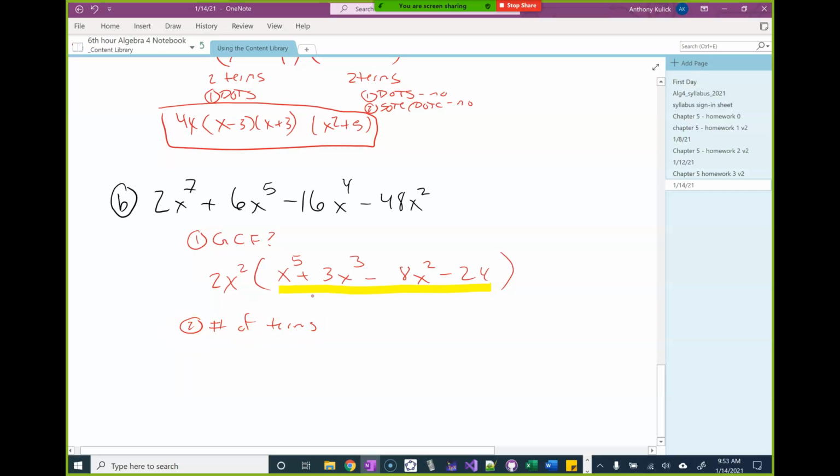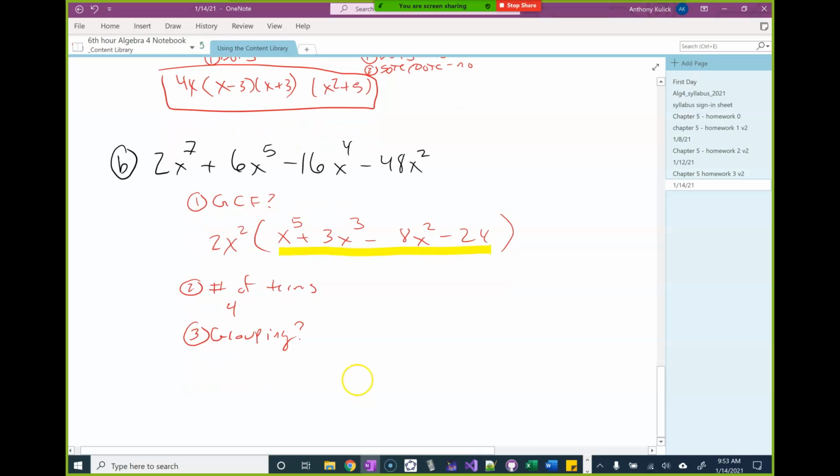So when I look at my 4-term branch, the first thing it asks me is to try factor by grouping. So the way we do that is we're going to make 2 groups. We're going to group the first 2 terms together. And then we're going to group everything else together.